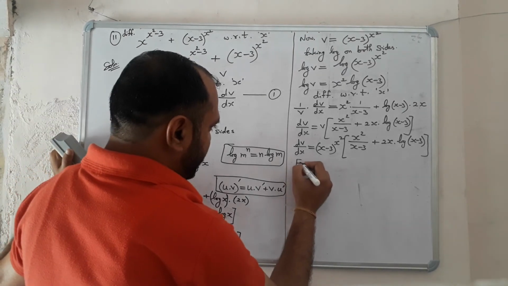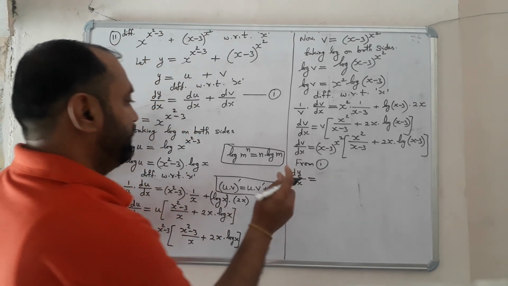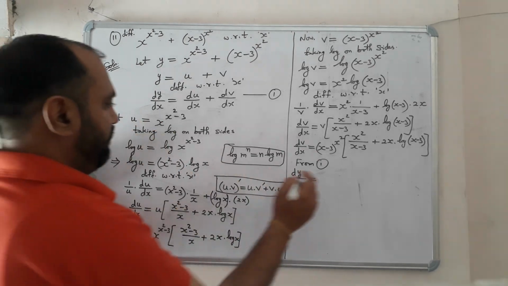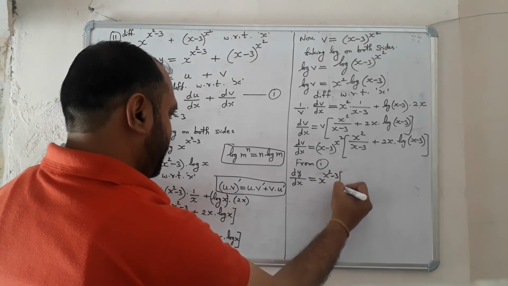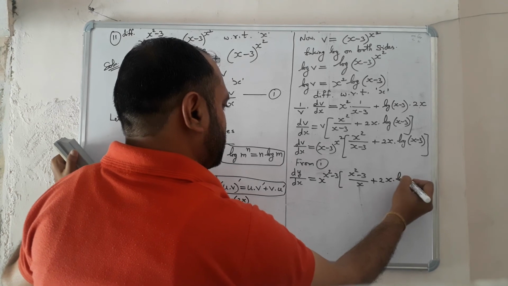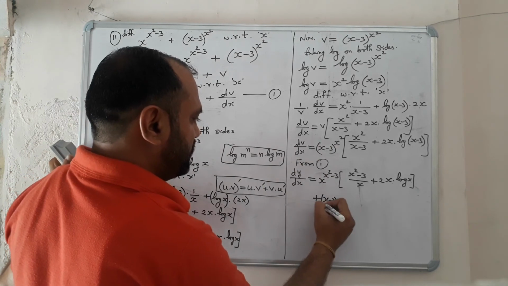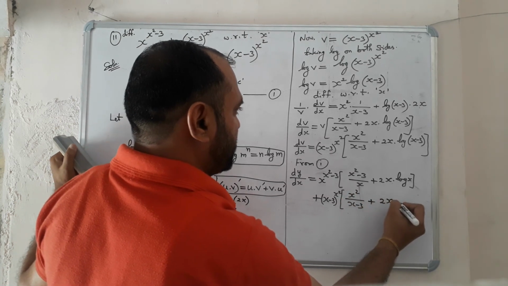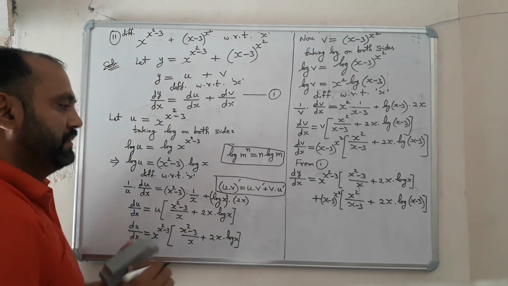So from 1, dy by dx is equal to, putting this value, x raised to the power x square minus 3 into x square minus 3 over x plus 2x into log x, plus dv by dx, x minus 3 raised to the power x square into x square over x minus 3 plus 2x into log x minus 3. So this is the required answer.